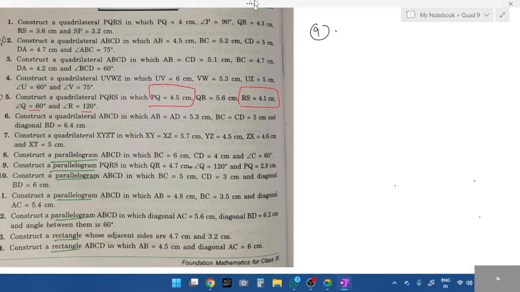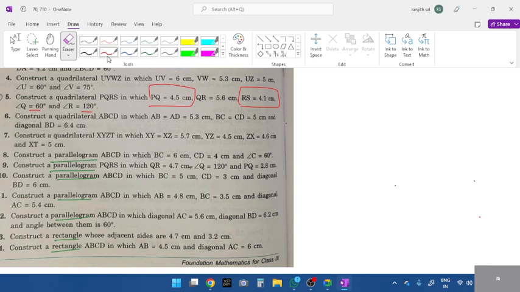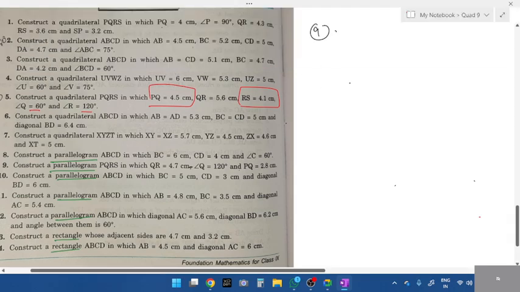Drop base QR. Ninth question, be quick. The ninth question is QR. QR is 4.7. In that, angle Q is 120 degrees. Draw 60 degrees, 120.